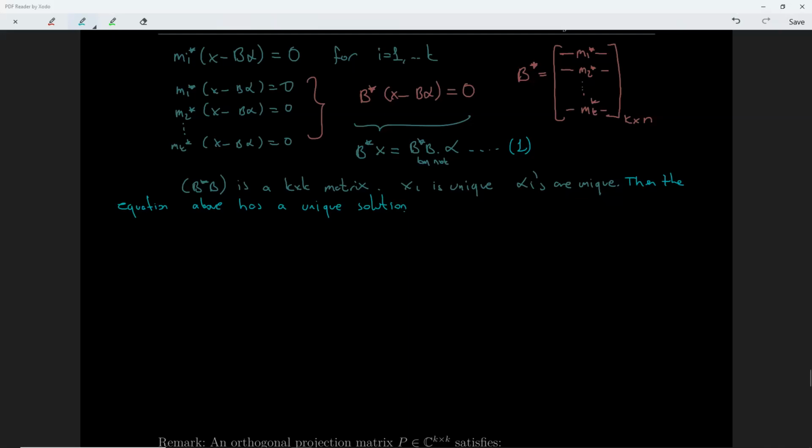And if this equation has a unique solution, then B conjugate transpose B should be invertible. B conjugate transpose B is a full column rank matrix, and it is invertible.